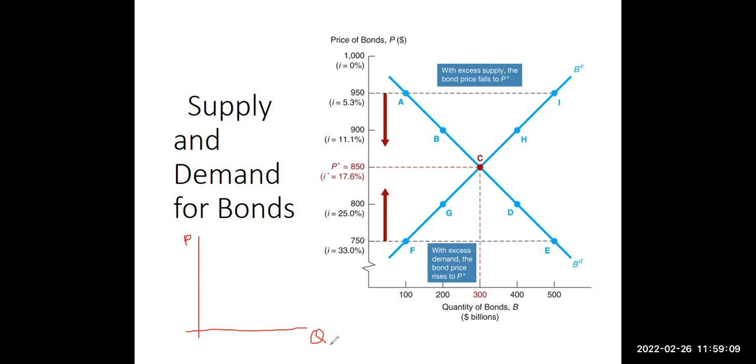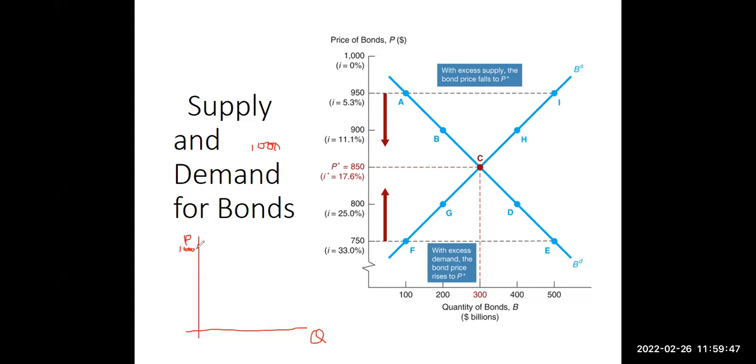Now look at the demand behavior. Suppose the face value of that bond is $1,000 or 1,000 rupees. If the price of that bond is also 1,000 rupees, how many bonds will people buy? 0.